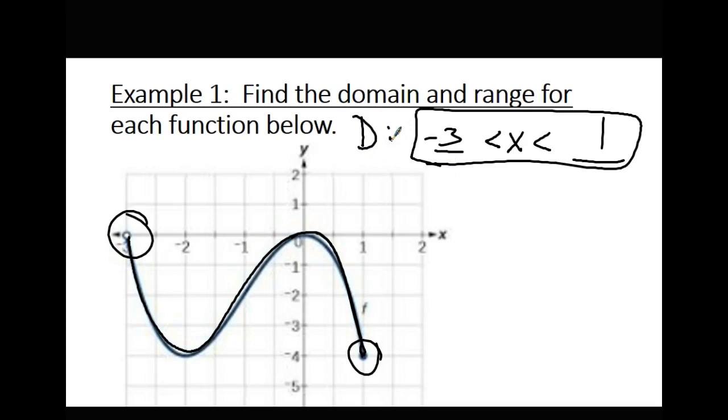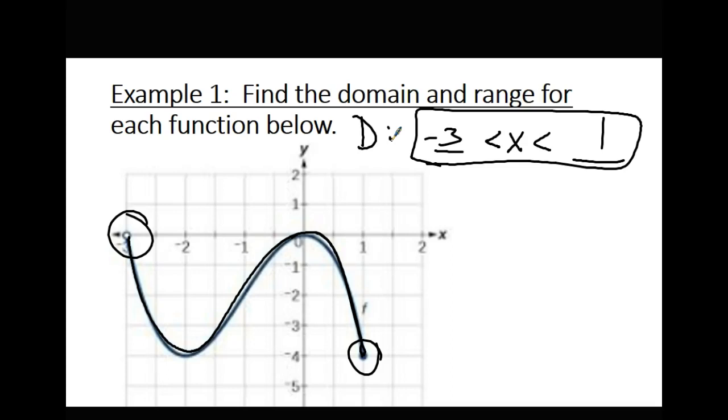Okay, now here's another thing. This may be something you need a note on. Do you guys notice a difference between these endpoints? It's kind of hard to see from where you are, maybe. What's the difference? I didn't hear you, but I'll state it. This is an open dot, right? And that's a closed dot. You guys remember what open means?